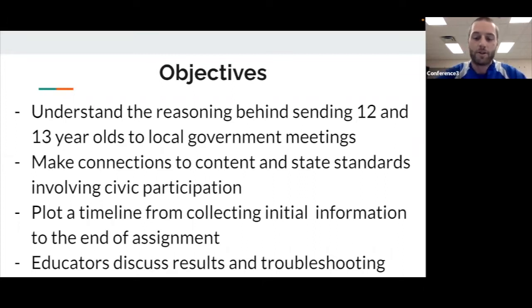And for teachers or anyone else involved, I'd like you to imagine a timeline from collecting information to the end of the assignment. And hopefully we have a little discussion for those who are interested in results and troubleshooting as they figure out what they would like to do when they adjust this assignment to the population that they work with.